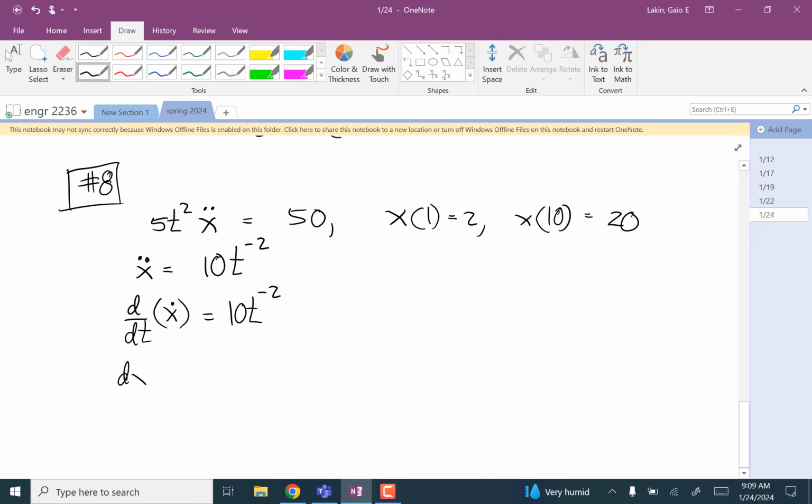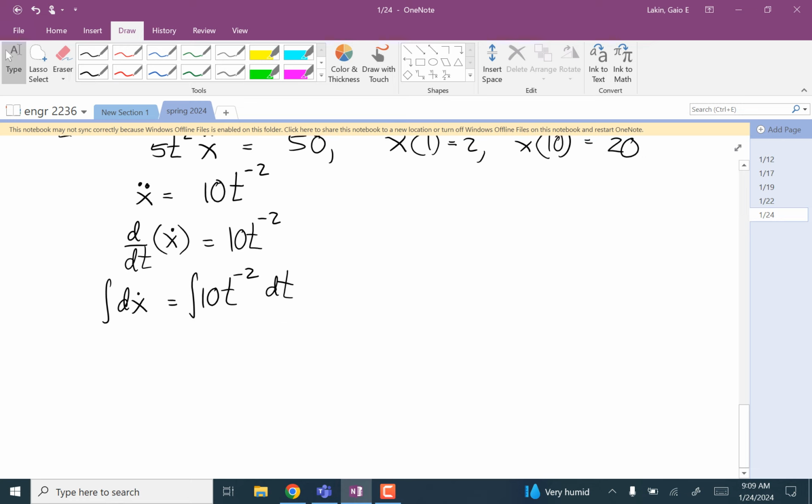And so that says dx dot is equal to 10t to the minus 2 dt. Integrate both sides, and you get x dot is equal to negative 10t to the minus 1 plus c1.